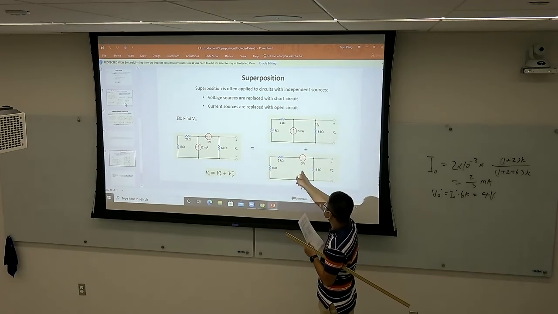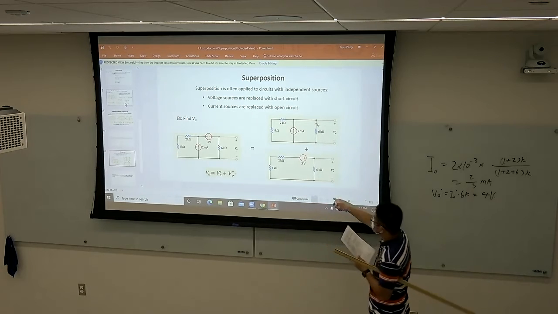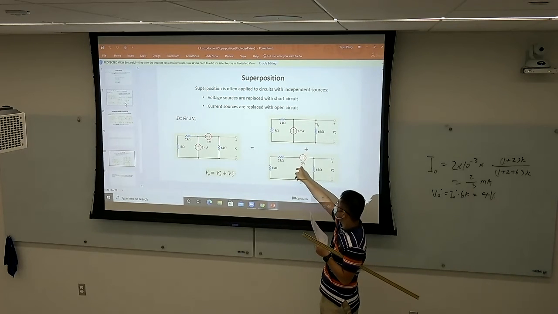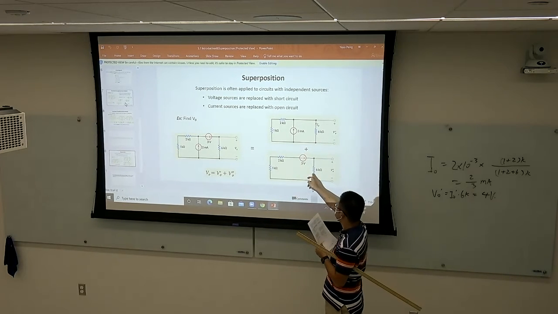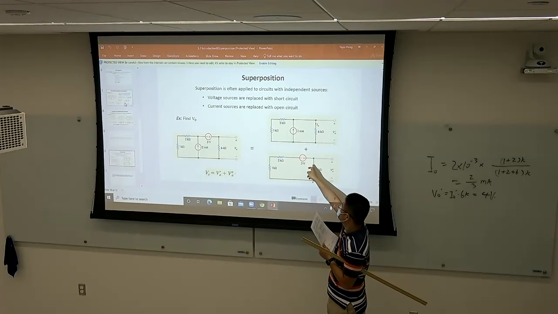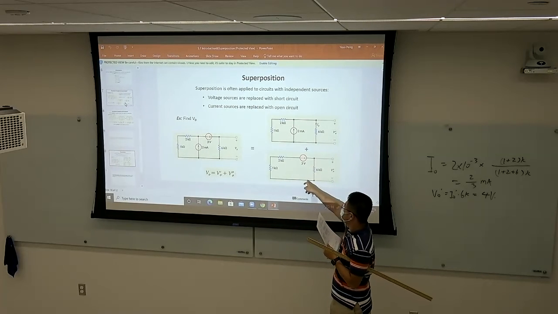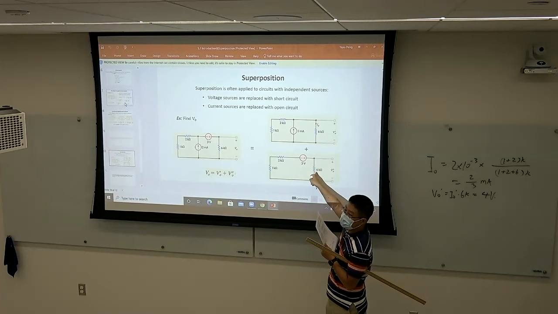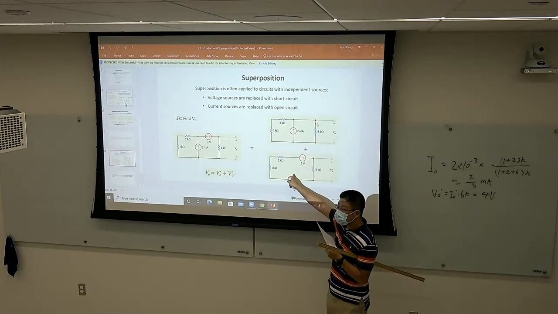And then for this circuit, there is the 3 volts source and the resistors. You can assume the current is I, calculate I, and then calculate the voltage. No problem.